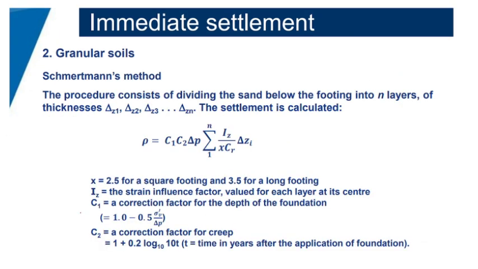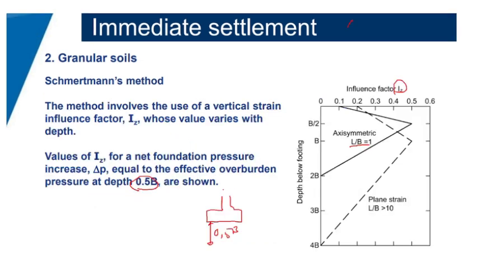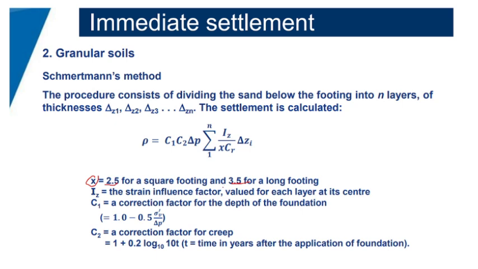Okay, so we are going to use this formula, by which take note X is 2.5 for a square footing, and 3.5 for a long footing. IZ is the influence factor, which could be identified from the chart that we have, and it's going to be the value for each layer at the center of the layer.